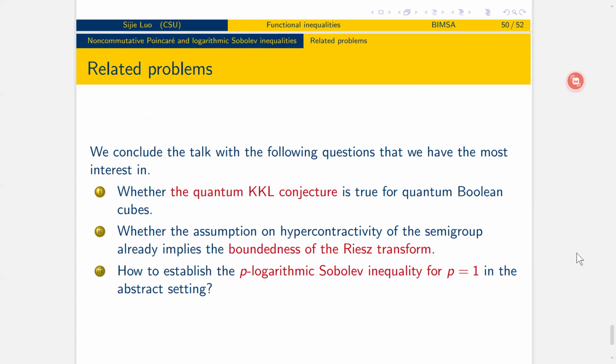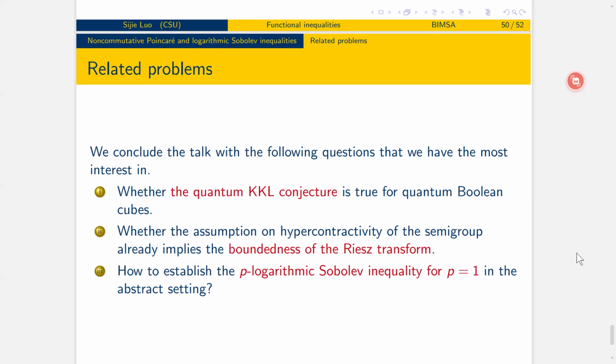But maybe it could hold, because in the quantum Fourier setting, there are a lot of commutative random variables. It's much more commutative, so its phenomenon will be a little bit like commutative, not just anti-commutative. This is our first problem.